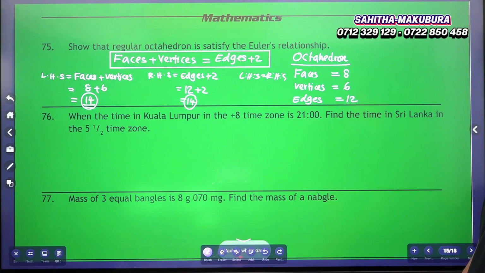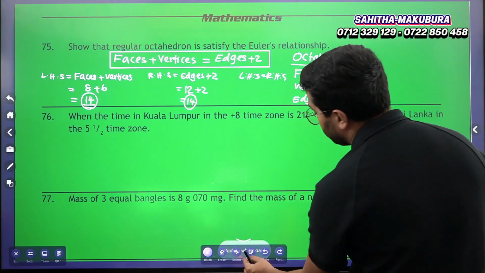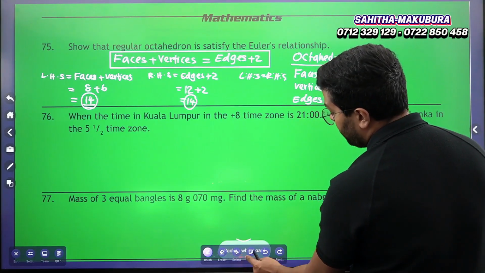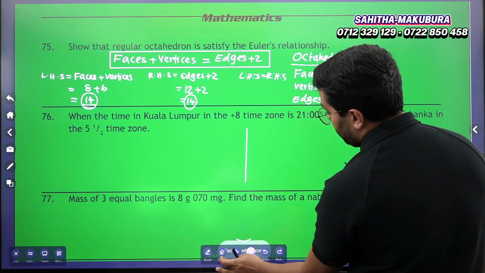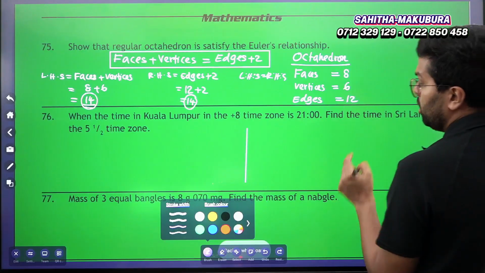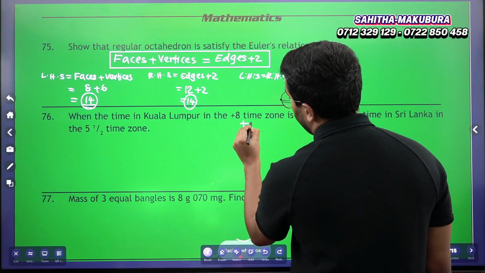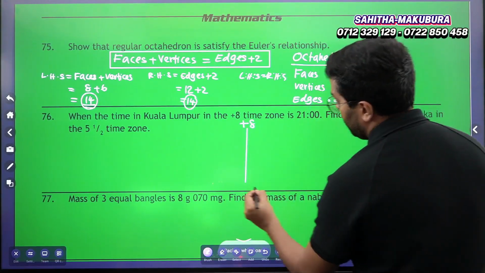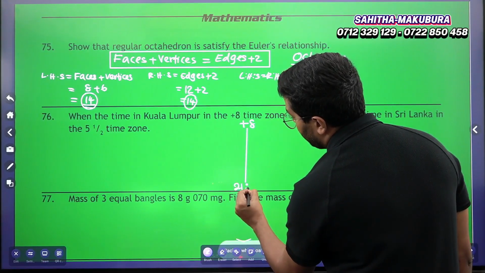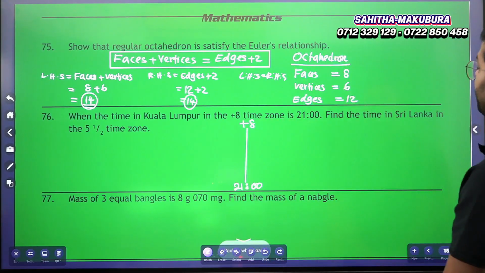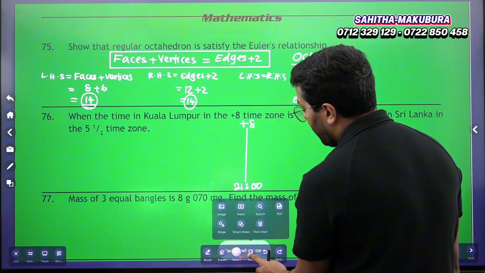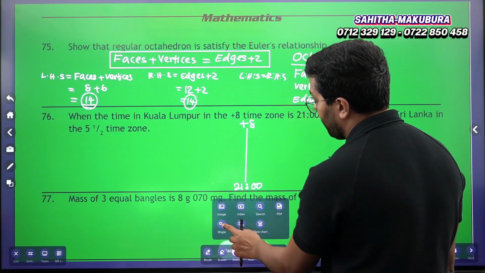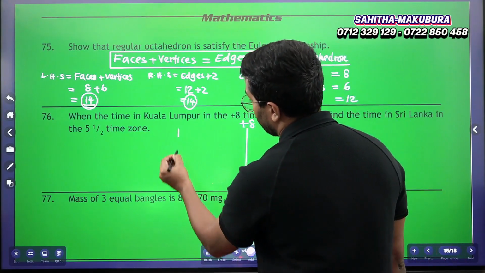When the time in Kuala Lumpur, in the positive 8 time zone, is 21 hours, find the time in Sri Lanka, which is in the positive 5.5 time zone.